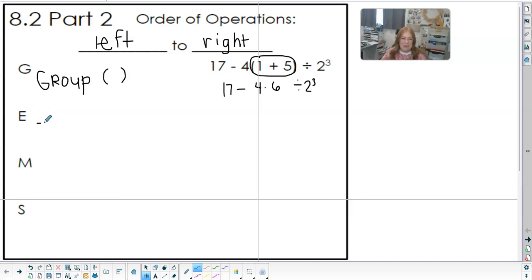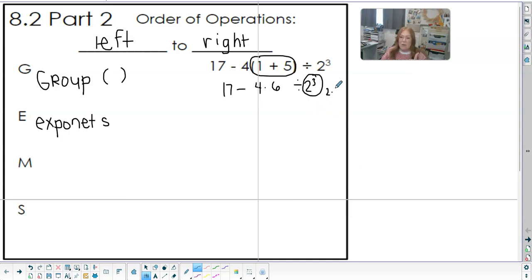So then E is our exponents. So those are our powers, like 2 to the third power or 5 to the second power. Okay, so exponents is next. So I can see we have this one here, 2 to the third. And every time we want to write what that means.